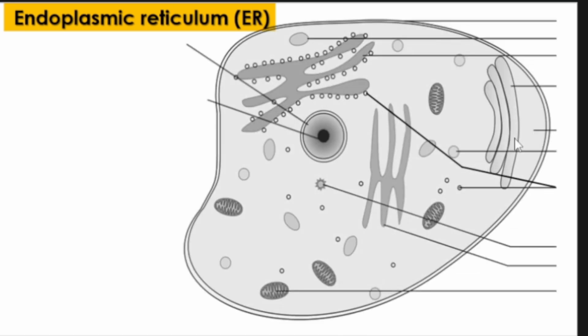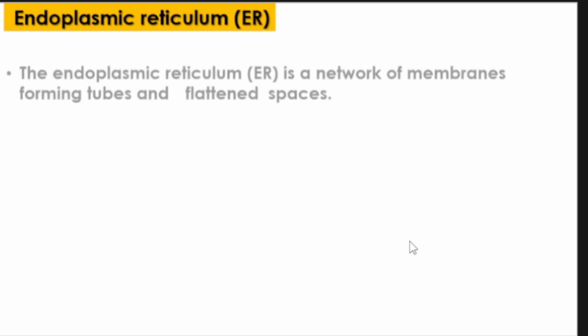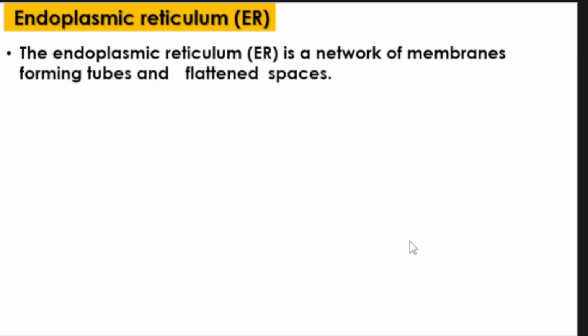Also in the animal cell, we have the rough endoplasmic reticulum and the smooth endoplasmic reticulum. So the endoplasmic reticulum is a network of membranes forming tubes and flattened spaces. So that's what the endoplasmic reticulum is. It is a network of membrane.